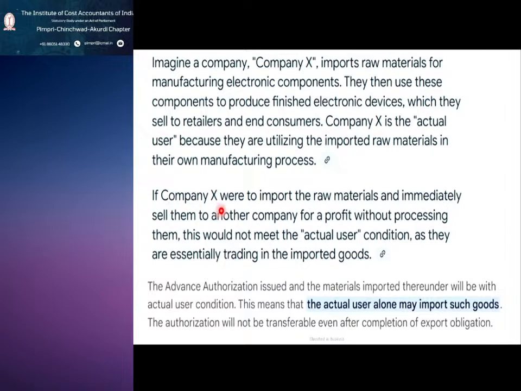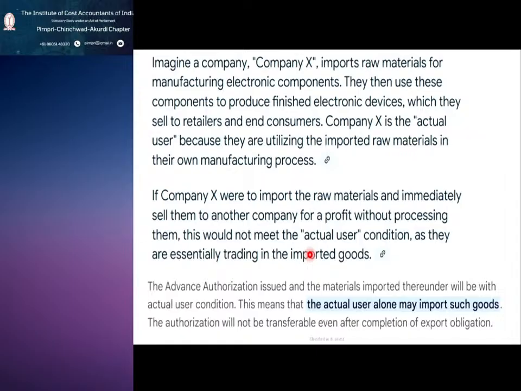If company X imports the raw materials and immediately sells to another company for a profit without processing, you can see the difference between these two. In the first case you are utilizing the imported raw material in your own manufacturing process. In the below one, you are selling without processing them, so this would not meet the actual user condition criteria.